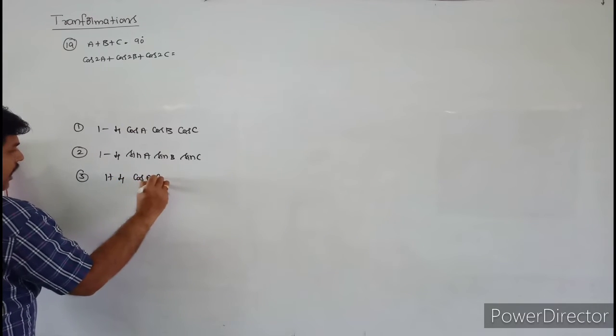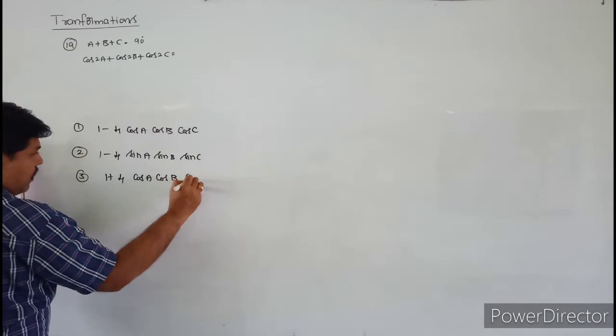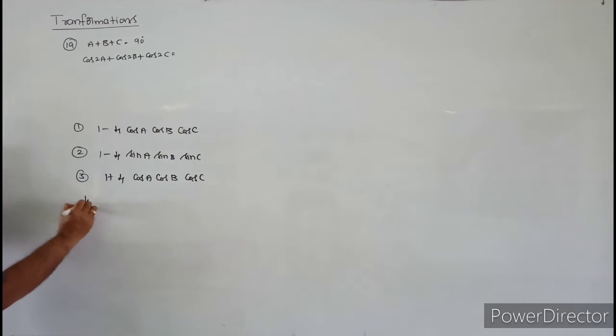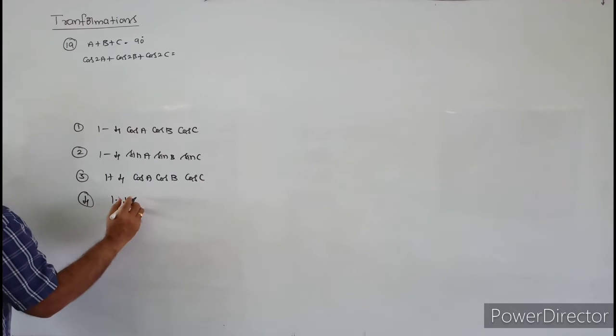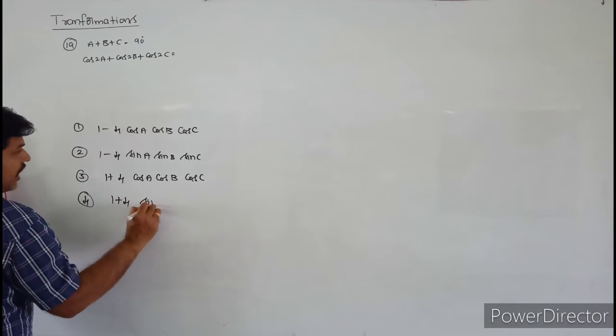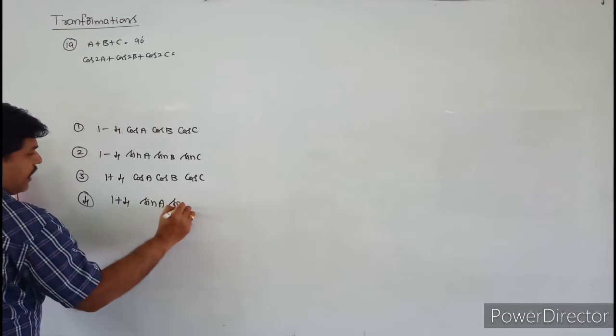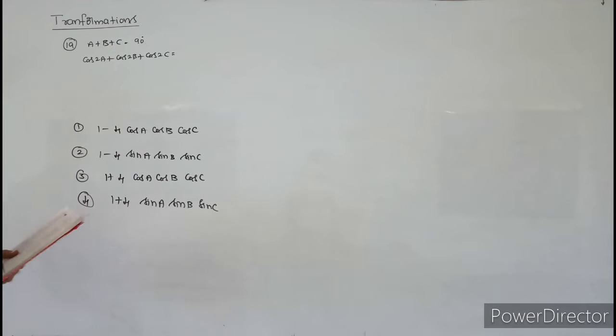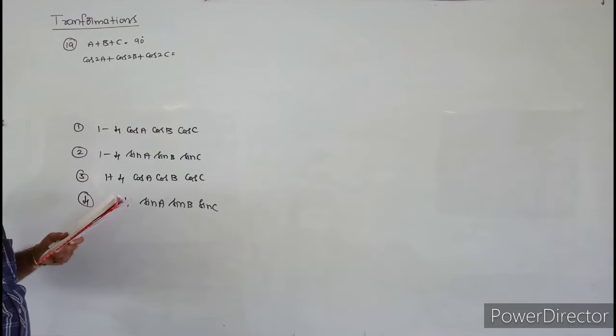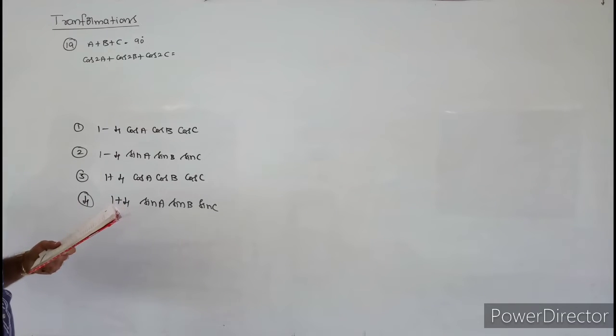The fourth one is 1 plus 4 sin a sin b sin c. Check the options also: 1 minus 4 cos a cos b cos c, 1 minus 4 sin a sin b sin c, 1 plus 4 cos a cos b cos c, 1 plus 4 sin a sin b sin c.